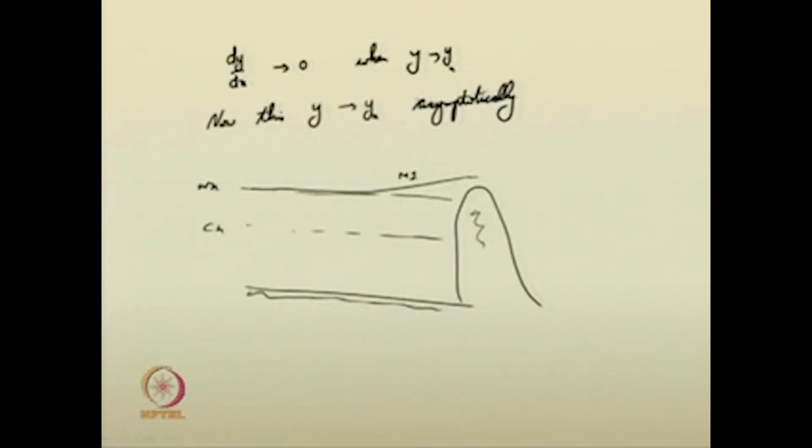So, we stop the computation whenever you have reached, from the control section, 101% of yn. We suggest that the depth has reached the normal depth and the gradually varied flow profile is completed. Similarly, in supercritical flow situations, one can achieve up to 99% of normal depth and suggest that the normal depth has been achieved.